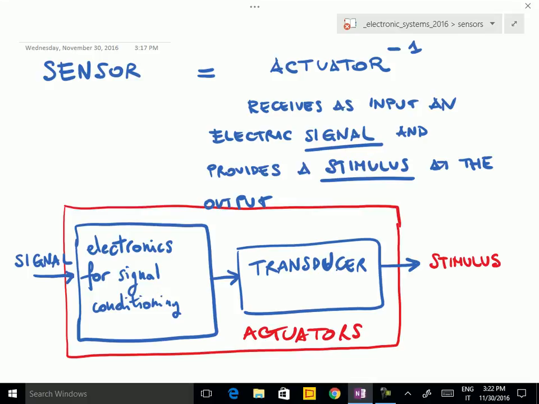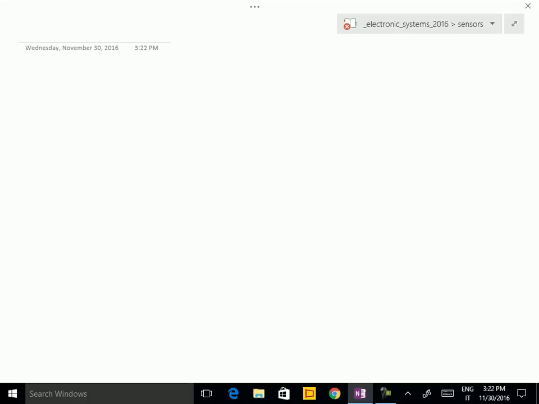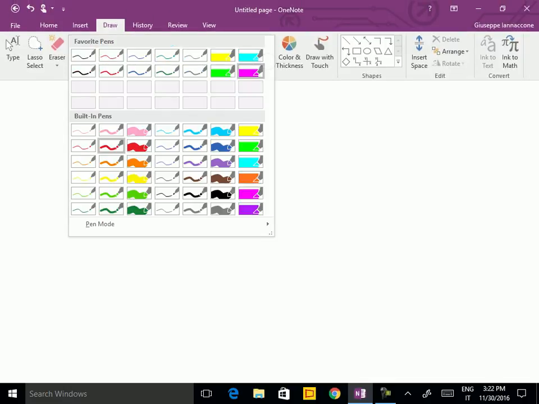Okay, now with sensors and actuators, we can start to talk about data acquisition systems.